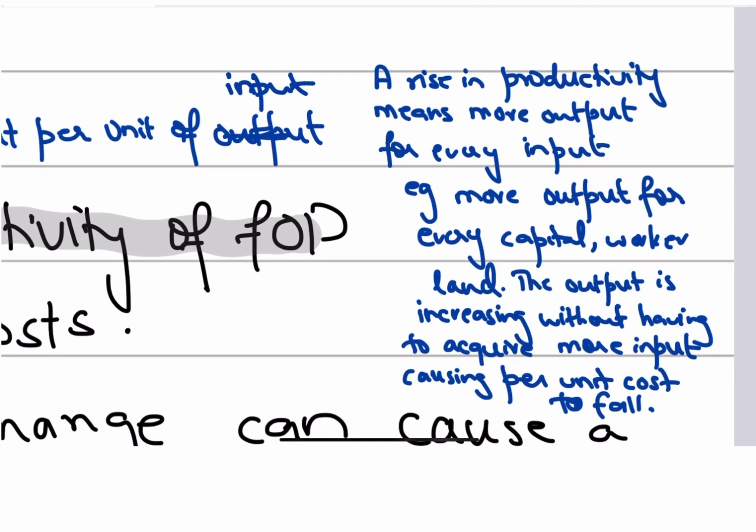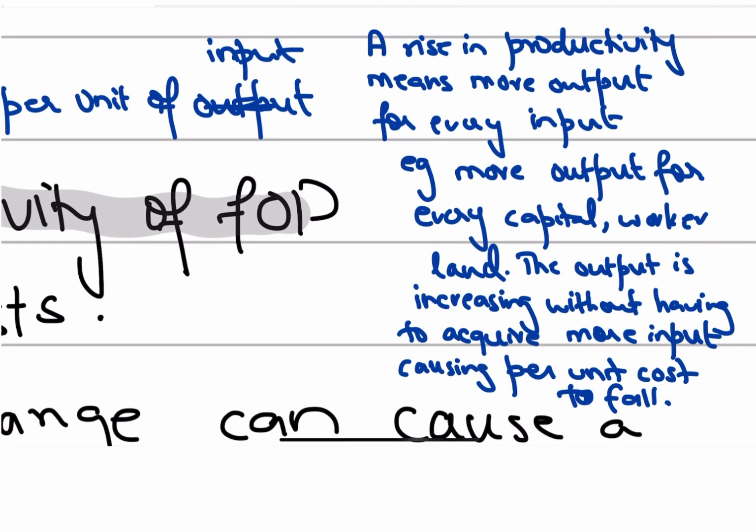So technically, when productivity goes up, it means that more output is produced with the given inputs, or the same output is produced with fewer inputs. In both cases productivity would increase. So for every input there would be more output. For example, more output for every unit of capital.